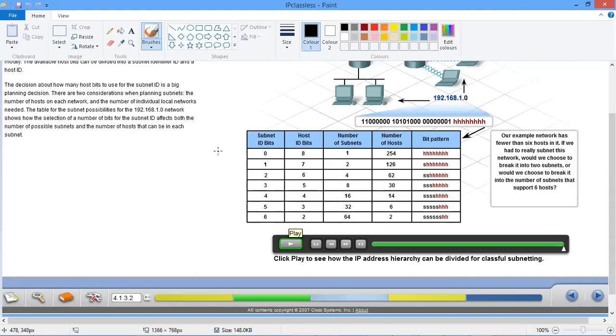How do we know? Now, at this particular level, this is the host ID, 8 bits, where I've never done anything. I didn't borrow anything. The host ID number is still 8.